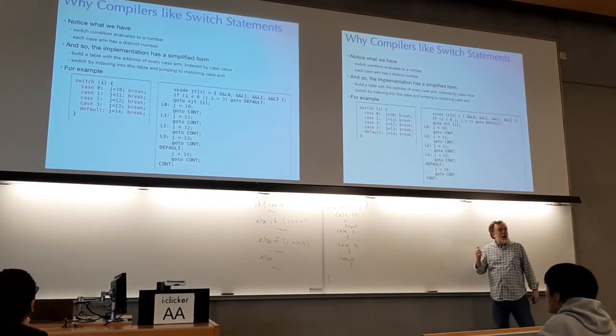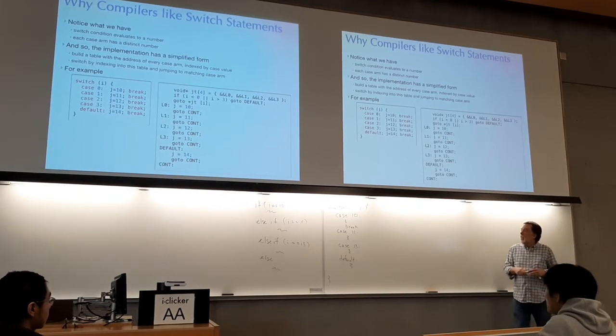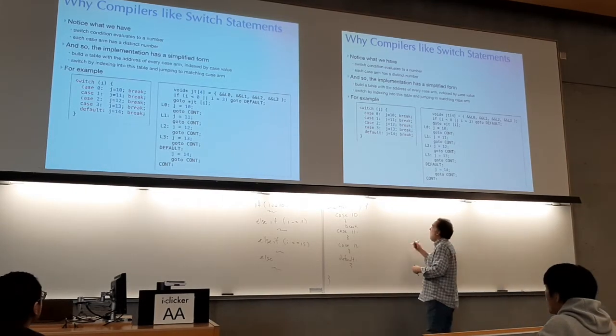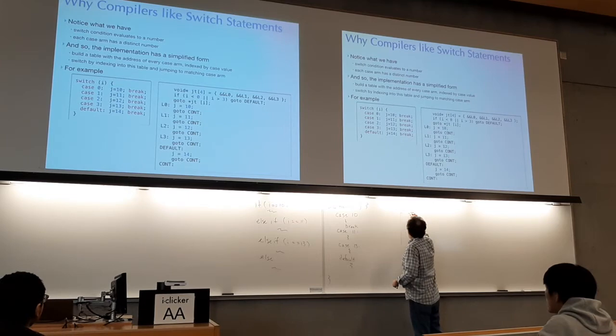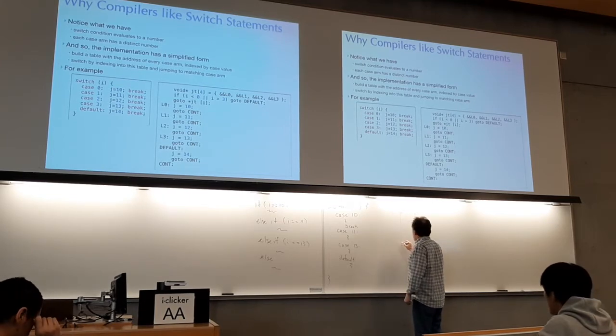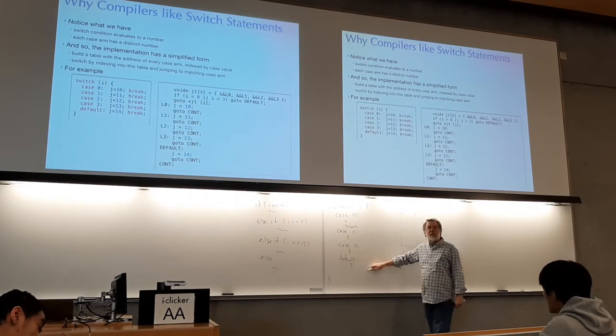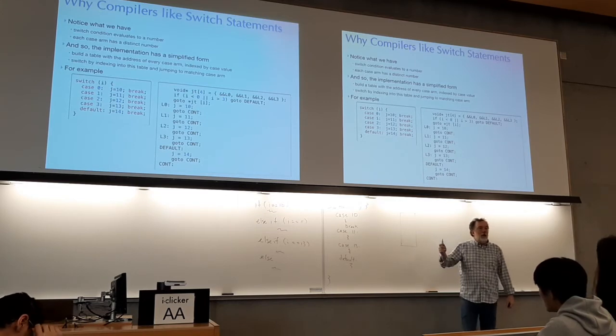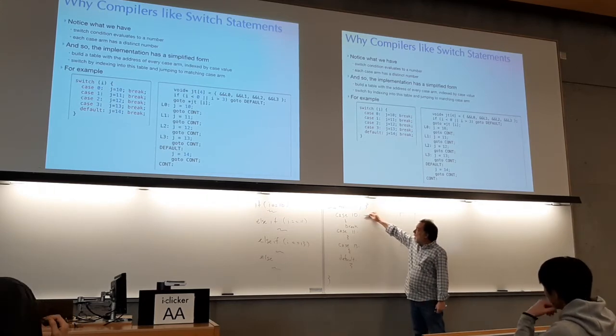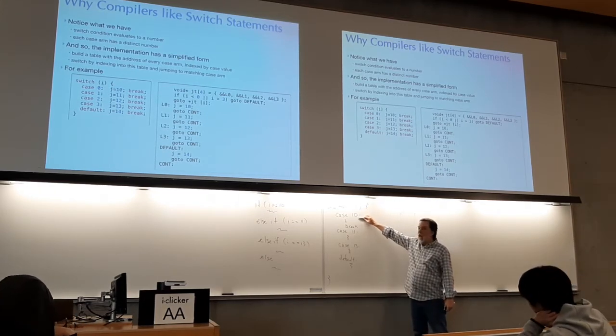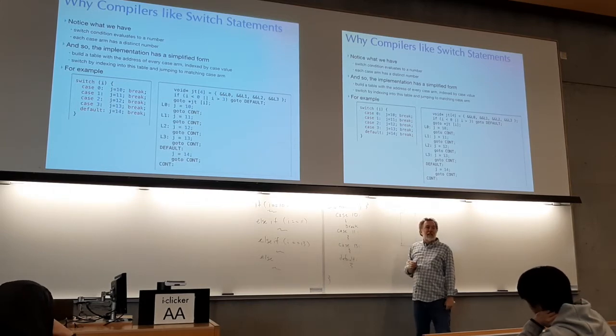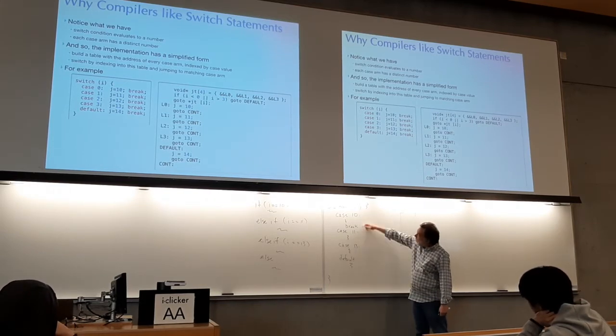But another way is to use a jump table, where there's an entry for every case that's listed here, and I'm going to use a normalized value of the case label as an index into the table. So you find the one that's the smallest, which is 10.